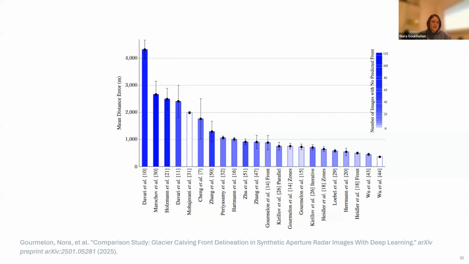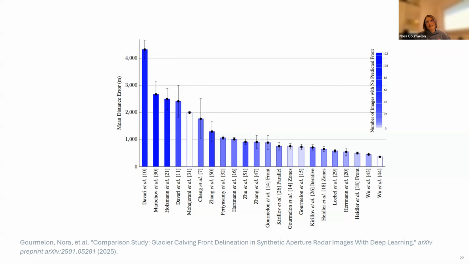So that's why the studies' self-reported metrics were better than they are now in the comparison study, because the idea behind them was not to generalize to new glaciers as it is for us, but to work on images of glaciers that were already seen during training.